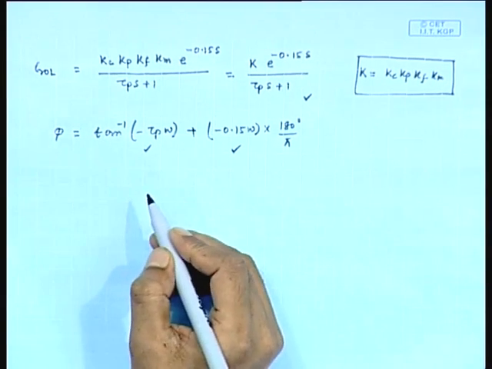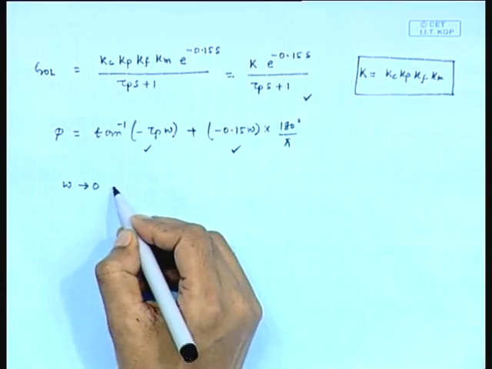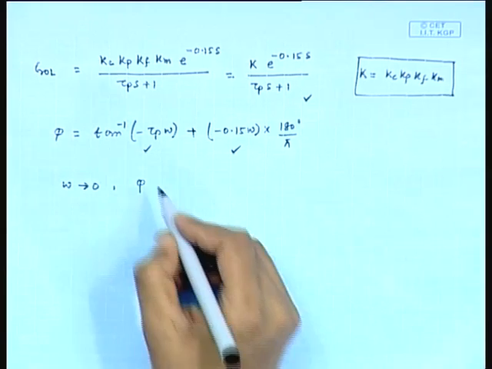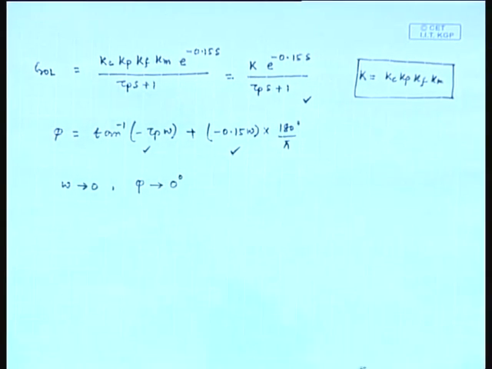Now, when omega tends to 0, what about phi? Phi tends to 0 degree.